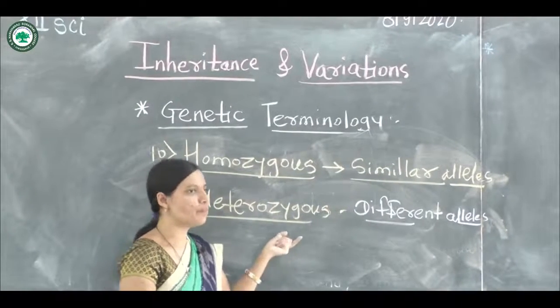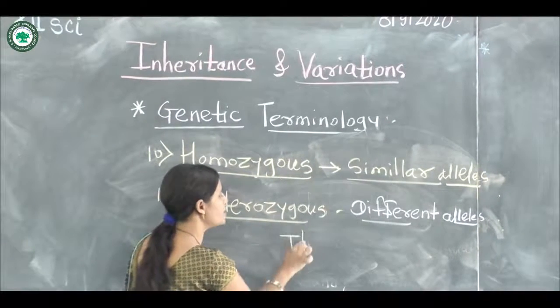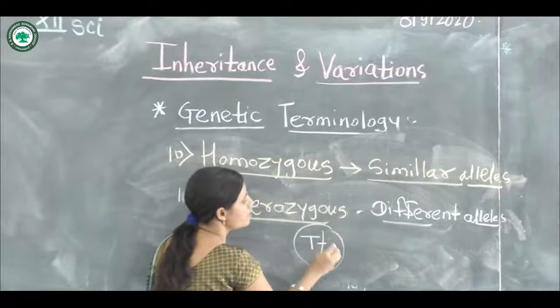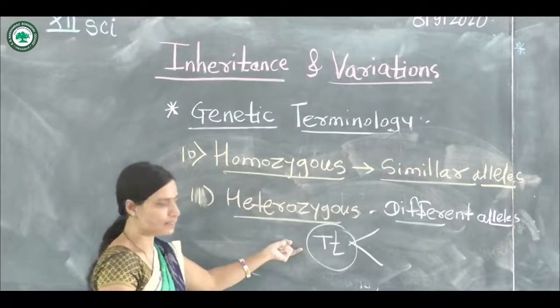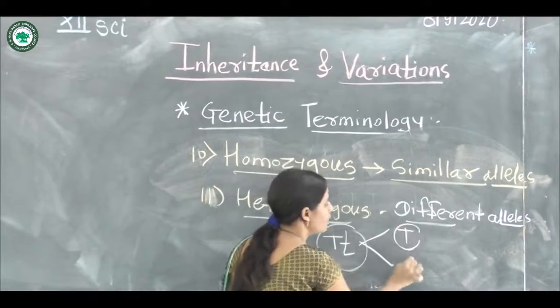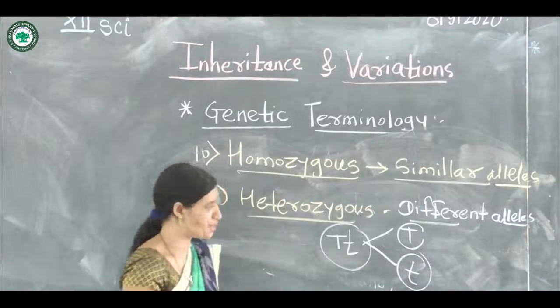For example, capital T, small t. The gametes capital T, small t, it is heterozygous.